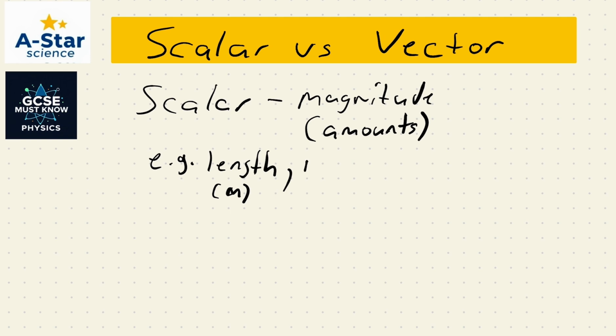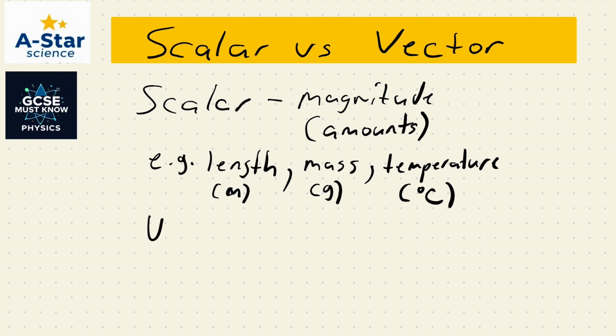We can have things like mass, which is measured in grams, temperature, measured in degrees Celsius. All of these things only have magnitude: length, mass, temperature, and there are many others.